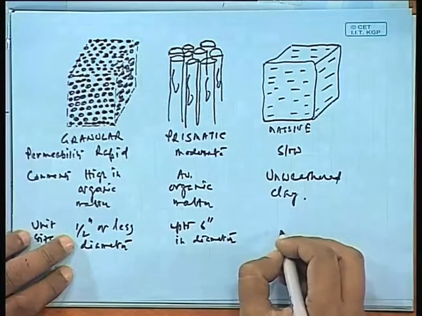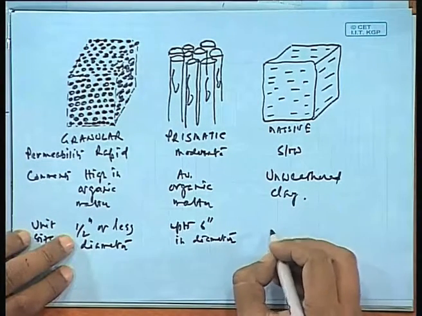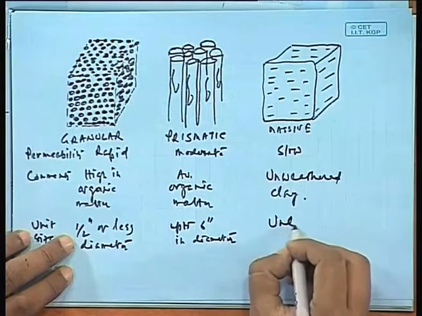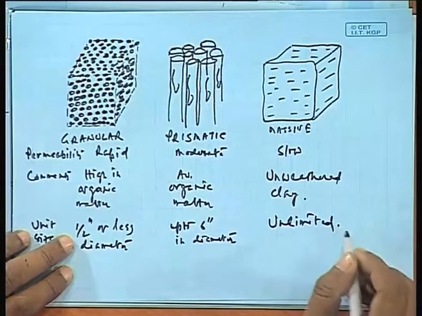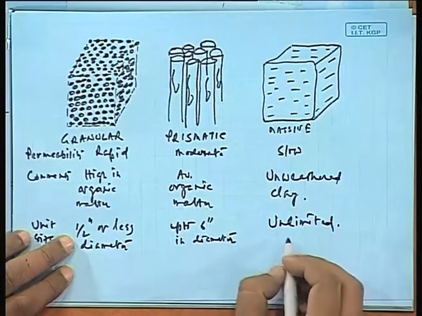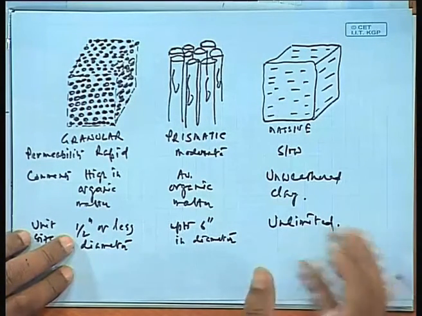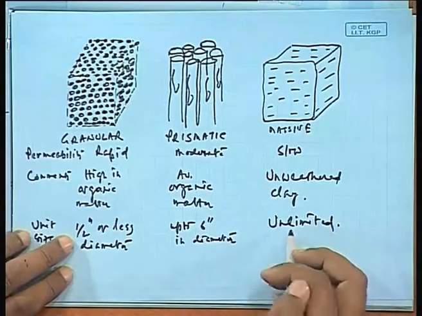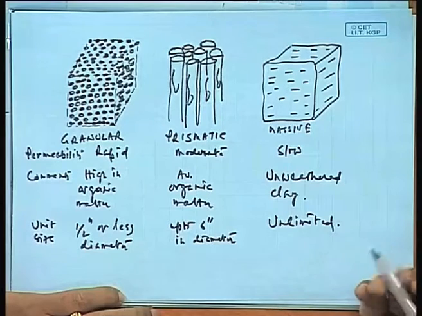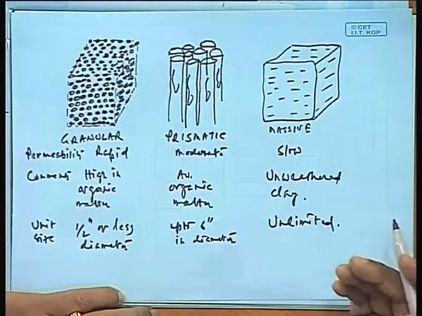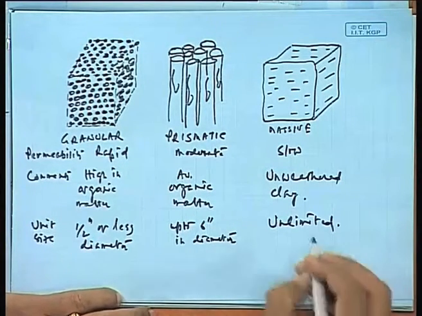And this one is up to 6 inches, is unlimited. Unlimited means, well, it would not be unlimited within the soil. Within the soil, mostly the gravel would be less. So say unlimited, maybe particularly 2 mm that we have discussed.